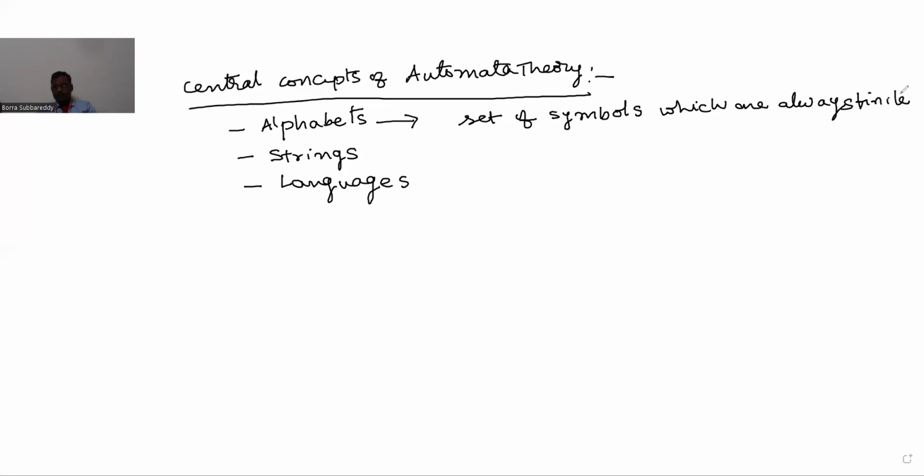These alphabets are symbolically represented using sigma. So the notation for alphabet is sigma.